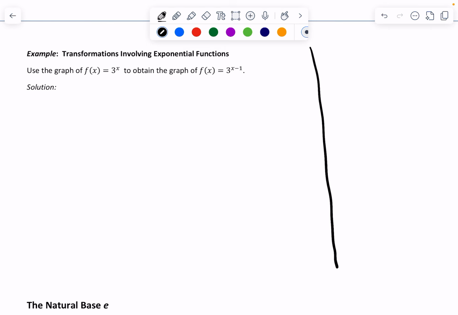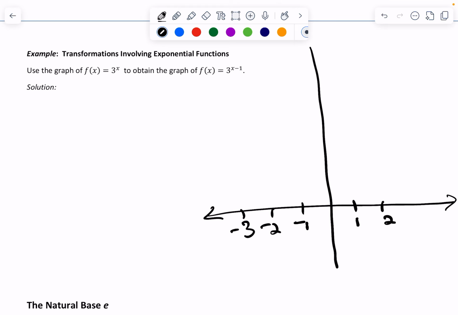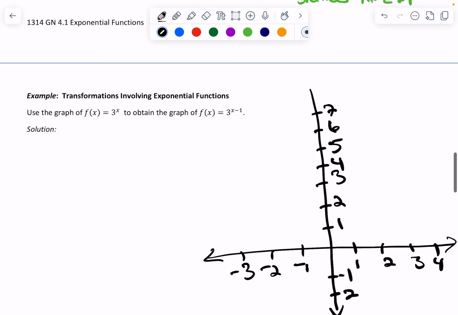We need a coordinate plane. I have to remember that we need to go all the way up to 9. There we go.